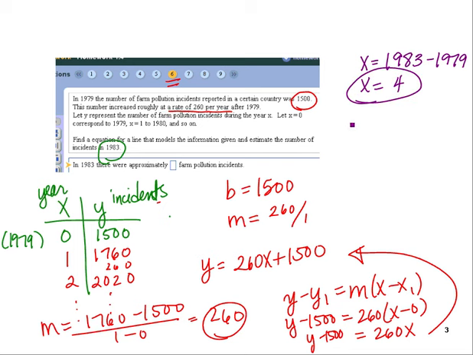So to find how much we had in 1983, we're going to plug in the value of 4 to get 260 times 4 plus 1,500. And you may have to use your calculator to find out that value, and you would get that y is equal to 2,540 incidents.